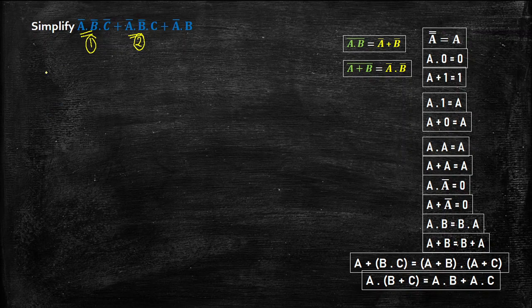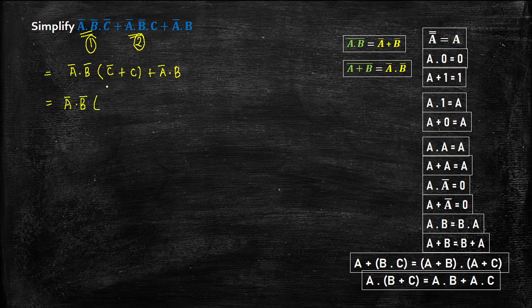So in the first step only you can take a complement dot b complement common from the two terms. Then inside the brackets the first will remain as c complement and this will remain as c. The second term is a c plus a complement dot b as it is.